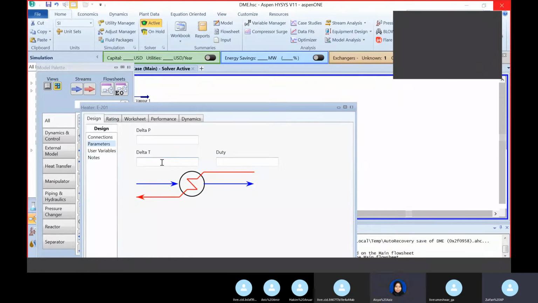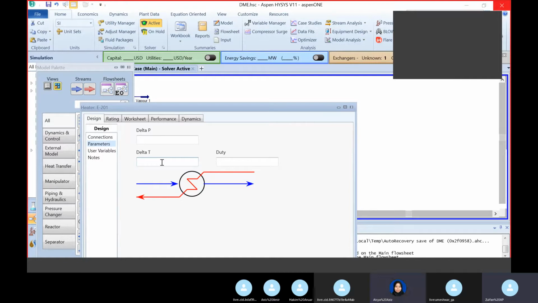Delta T we can split into two variables. That means we have Q, M, Cp, T inlet, T outlet. So we have 5 variables, but we have only one equation. So we need to have 4 more, right? 5 minus 1. We have to specify 4 data in 4 variables. So M, we know it.